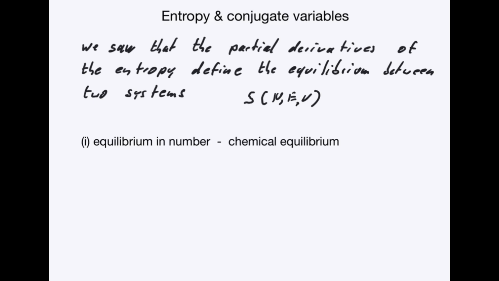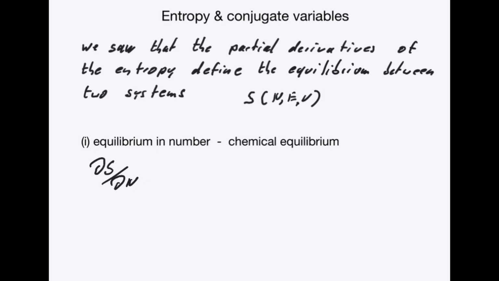So let's get back to what we saw in the last clip: the partial derivatives of the entropy define the equilibrium of two systems. The entropy was therefore defined as a function of N, E, and V. Now let's have a look at these partial derivatives.